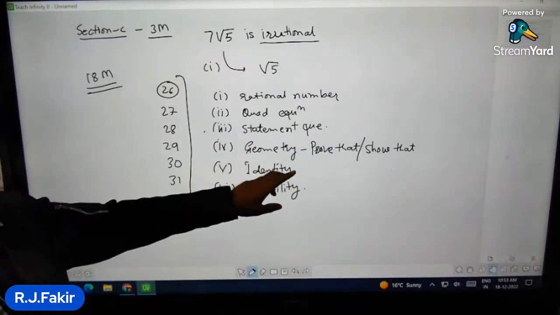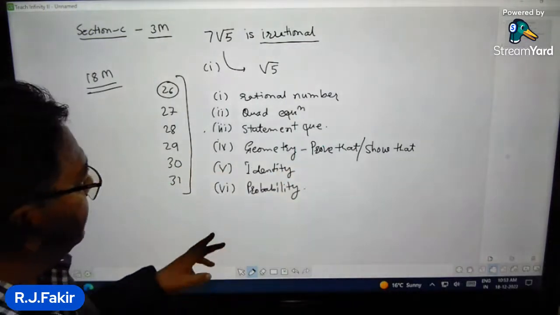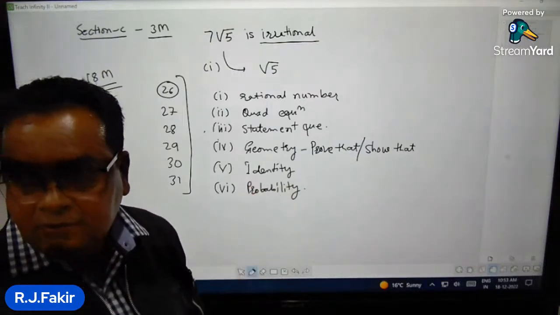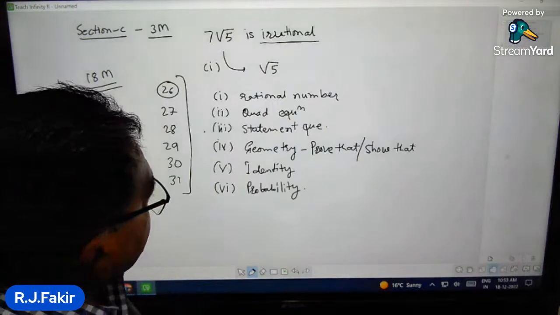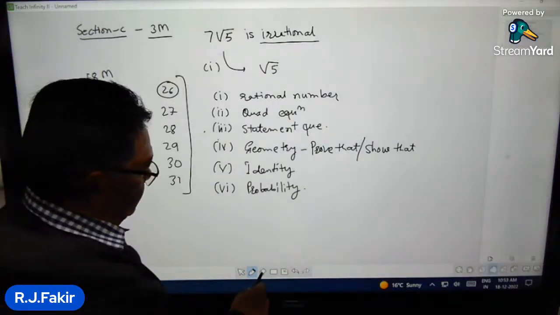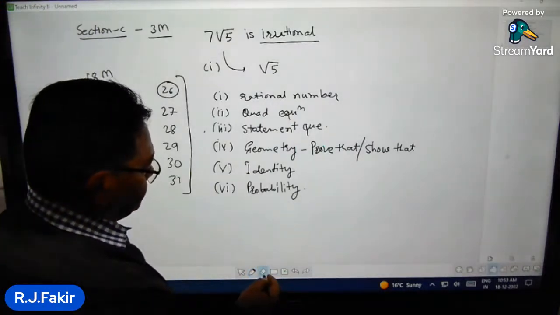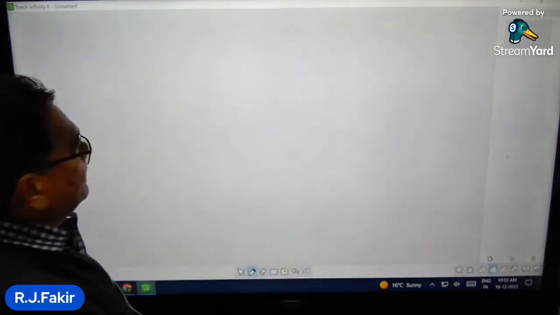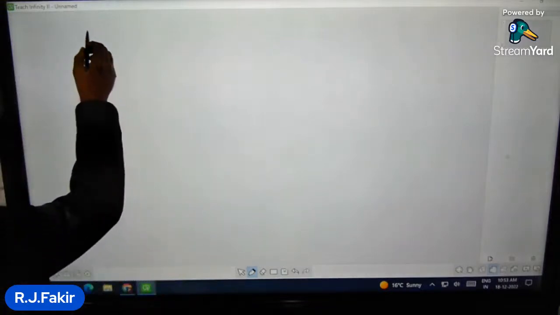Then the geometry based questions, which is prove that or show that, one identity, and one question from probability. Then we'll go to the next section.